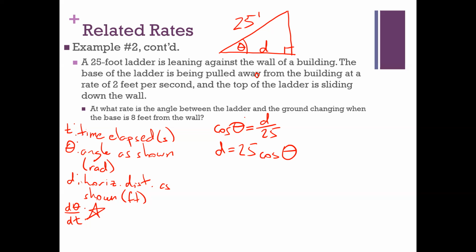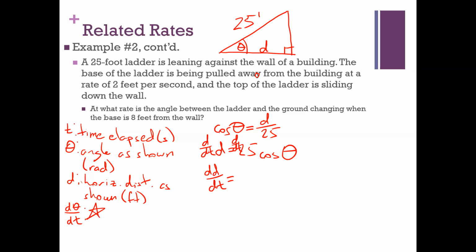Even though it's not there, we can differentiate both sides of this equation with respect to time, right? What is the derivative of D with respect to time? We don't really know, but I can give it a name. It's the rate of change of the variable D with respect to time, which by definition would be called dD dt.